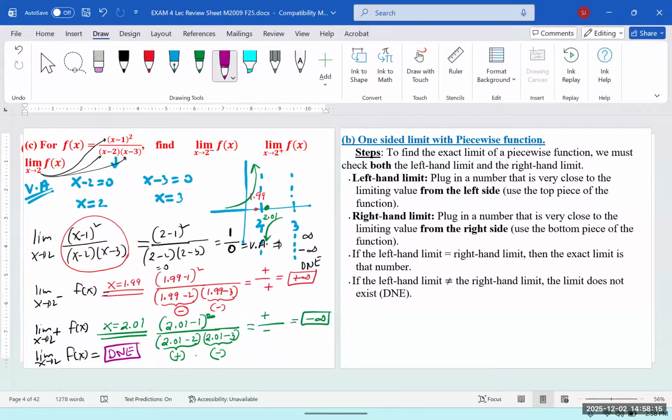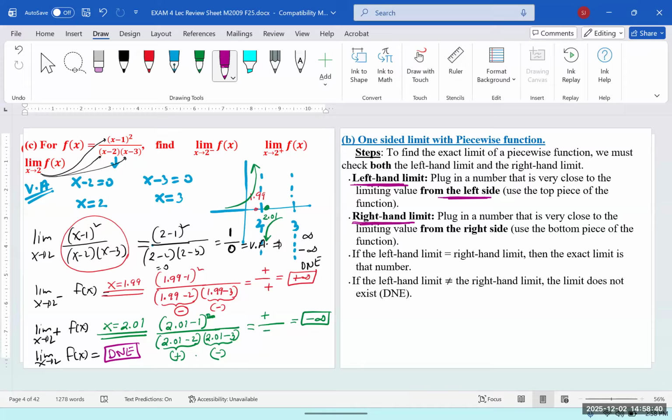So for one-sided limit, what we do is you look at the same thing. You look at the left side limit and you look at right side limit. To look at the left side limit, you substitute into the left function and you observe the y value.